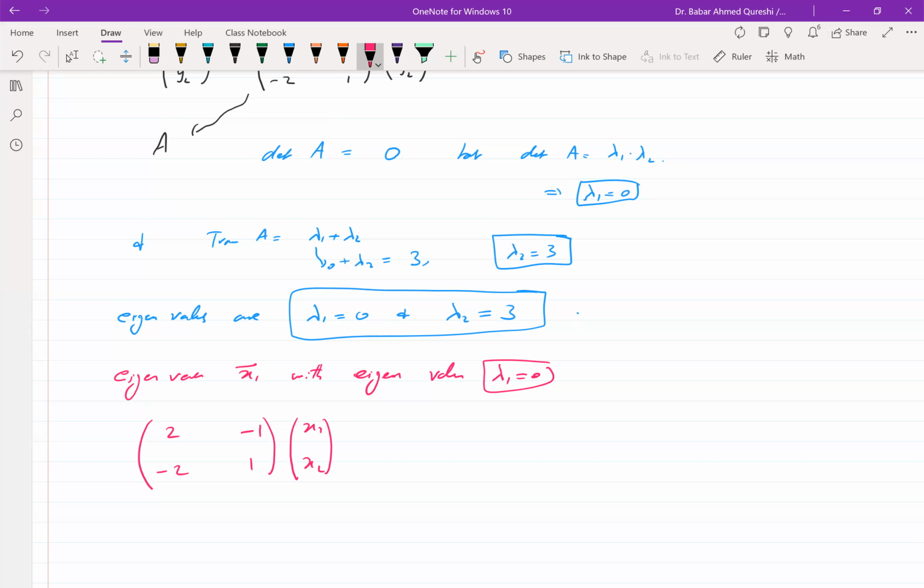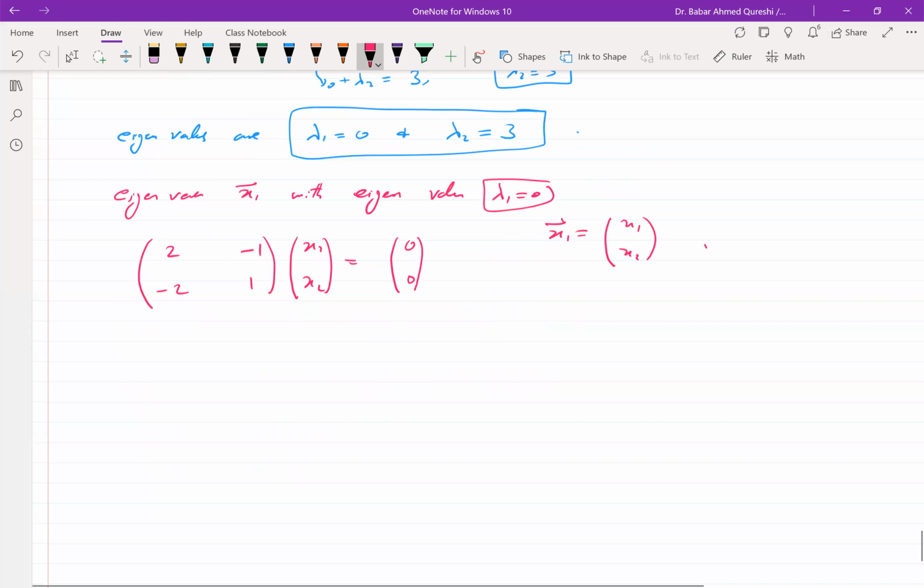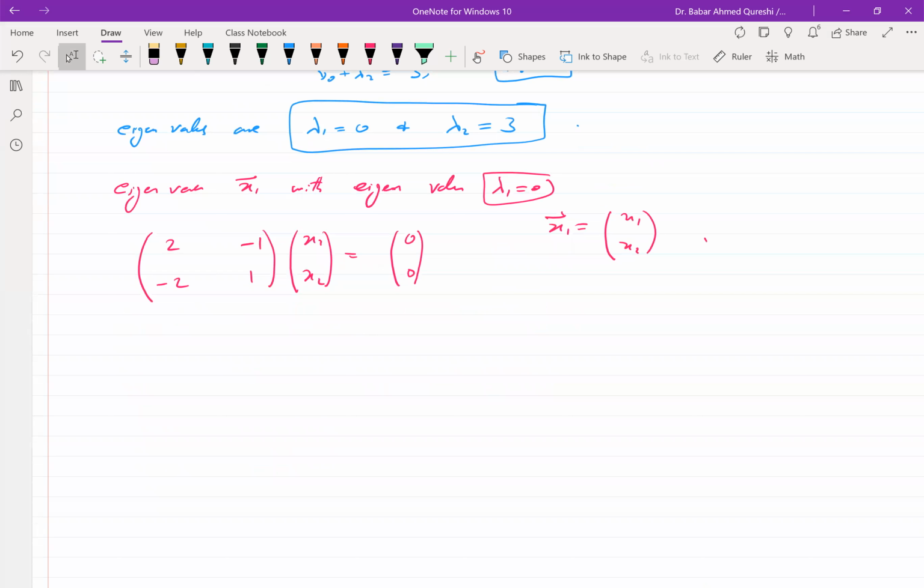I'm writing it as (x1, x2). Over here x1 is the vector, and these are the x1, x2 numbers. Do not confuse this x1 number with this x1 vector. I just don't want to keep introducing new symbols.